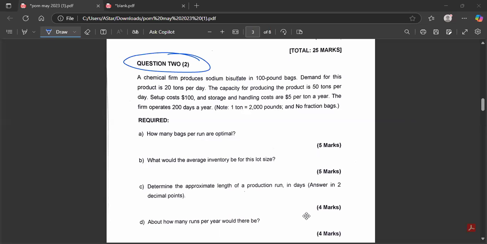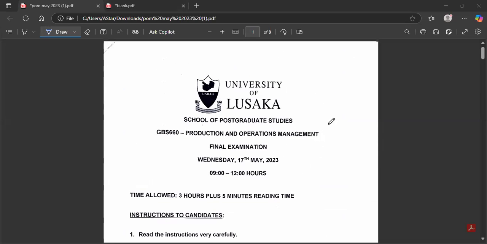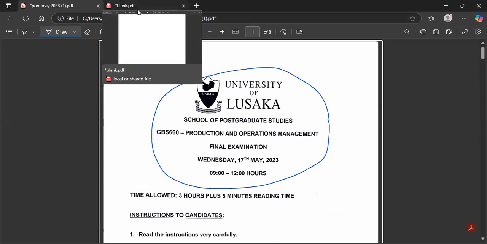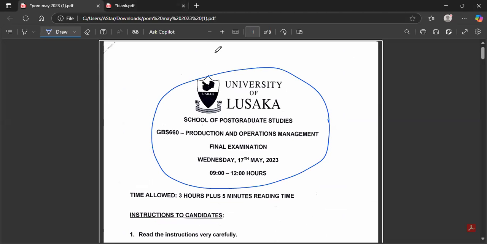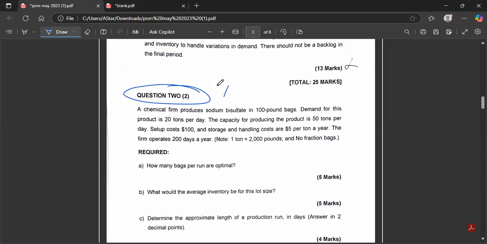Thank you. Okay, so this question paper is question 2 of the May 2023. For this question, this question is on inventory management.